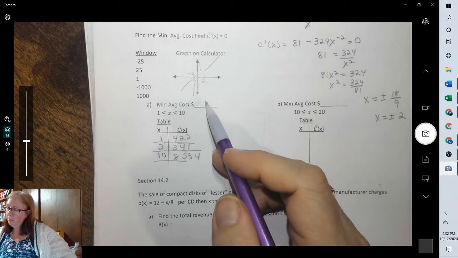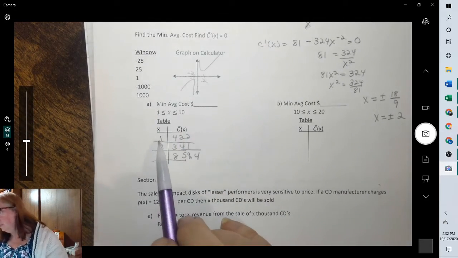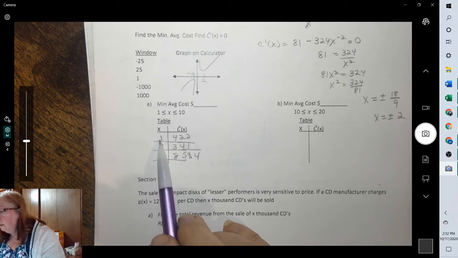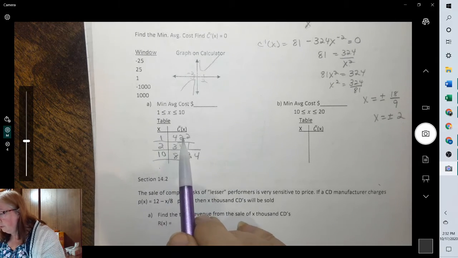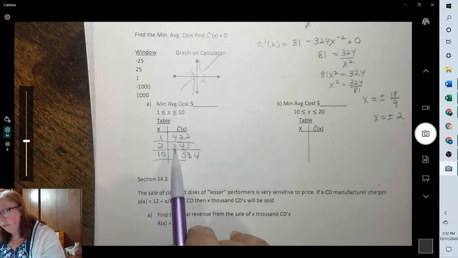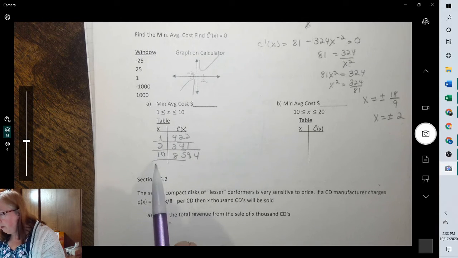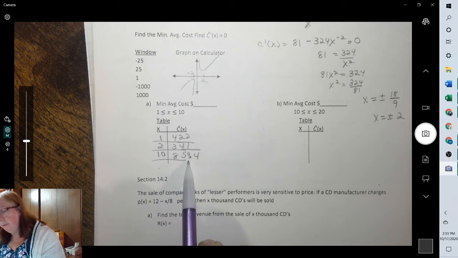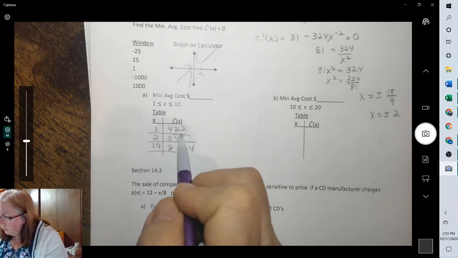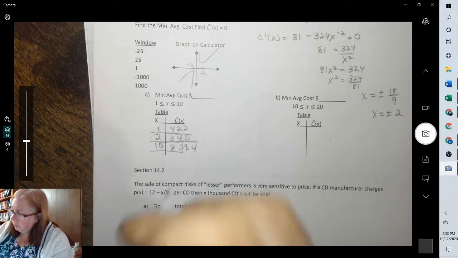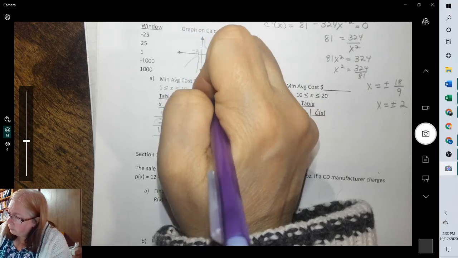We want minimum average cost. So what this is telling us is if we buy 1, then it's $422. If we buy 2, it's $341 each. If we buy 10, it's $859 each. So this is better. $341.